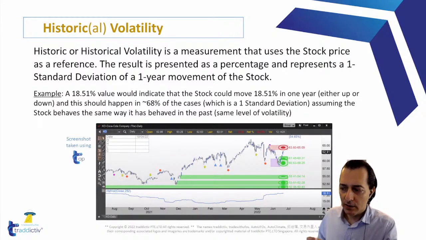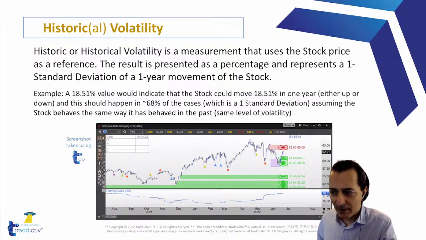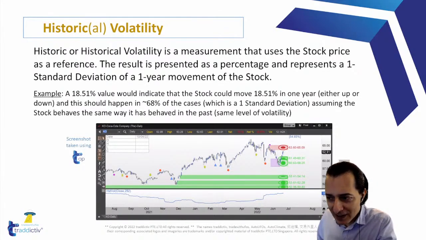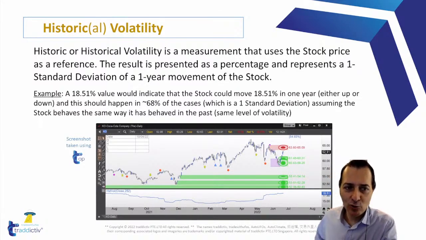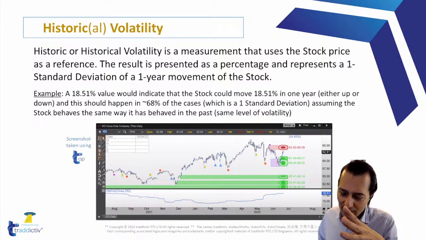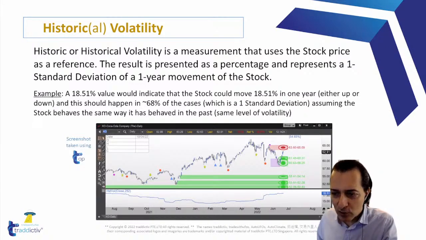In other words, assuming anything could happen, which is a standard deviation, which is a normal distribution of price. If you look at a 1 standard deviation of a normal distribution, and sorry to drive you crazy if you're not into probabilities and math and statistics, I'm trying to simplify this. So in a world where anything could happen, a 1 standard deviation represents more or less 68% of the cases.